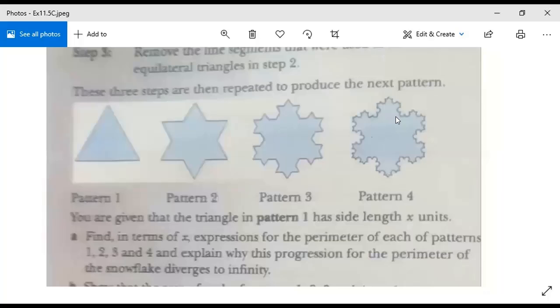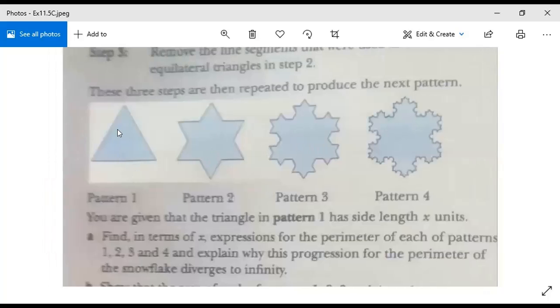So if we see, these are the patterns. Pattern 1 is an equilateral triangle, and then pattern 2 is made exactly by the above 3 steps: step 1, step 2, step 3.